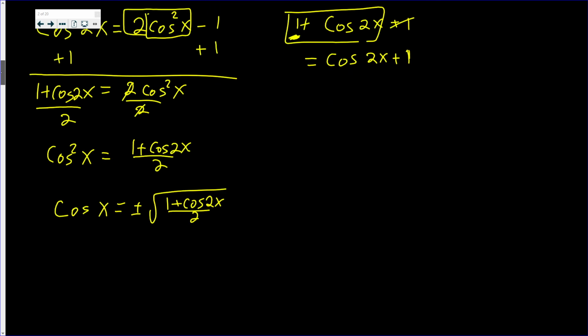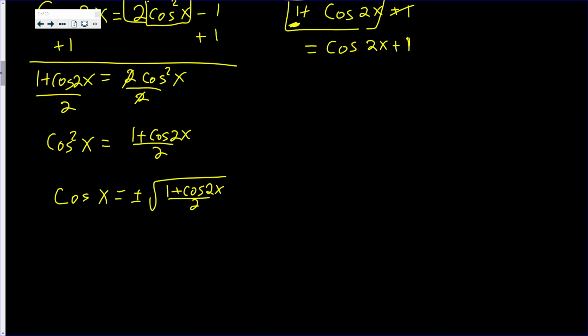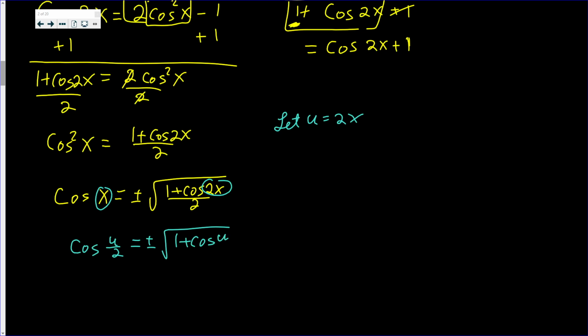Now here's how you get this to be the half angle formula. If I take half of that angle, I get cosine of u over 2. So I'll let u be 2x. Forget what I wrote on the left for a moment. This will be 1 plus cosine of 2x, which is u.